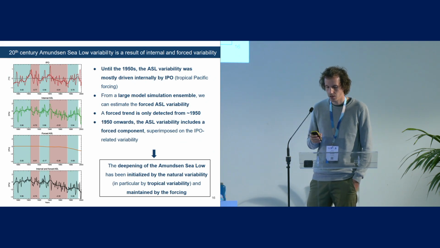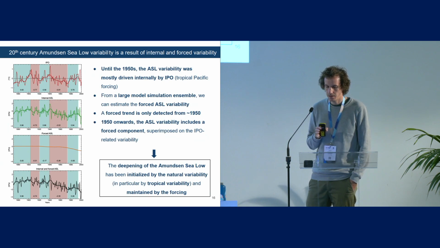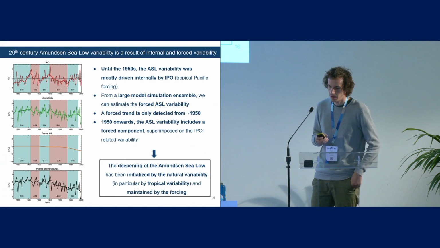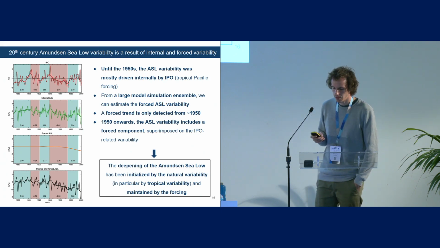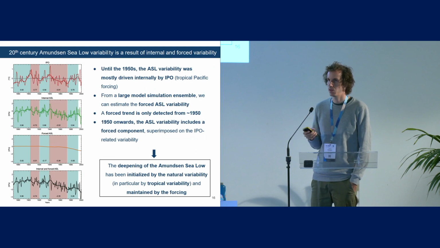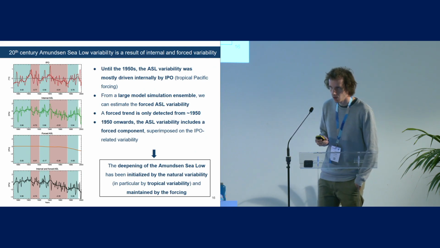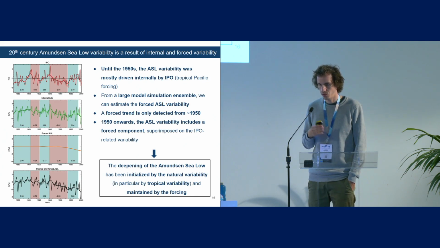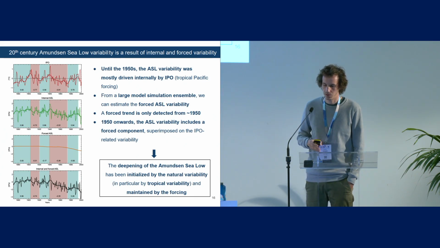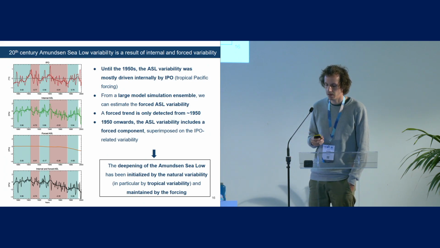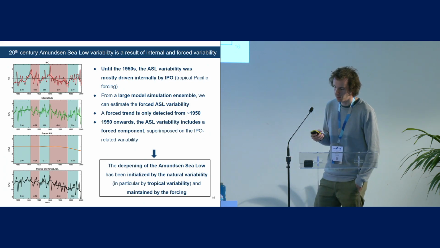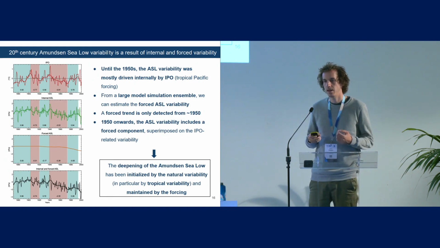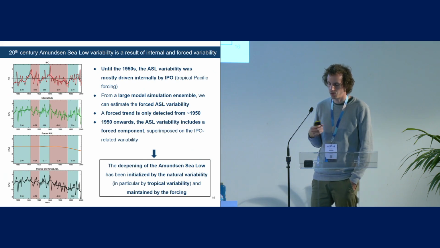And what we can see is that until 1950, the Amundsen Sea Low was only driven by the tropical variability in the Pacific, but after that, there is another component, a forced component, related to stratospheric ozone depletion. So what we can say is that the deepening of the Amundsen Sea Low over the last century has first been initiated by natural variability, in particular by the Pacific variability, and then it has been maintained by the forcing.